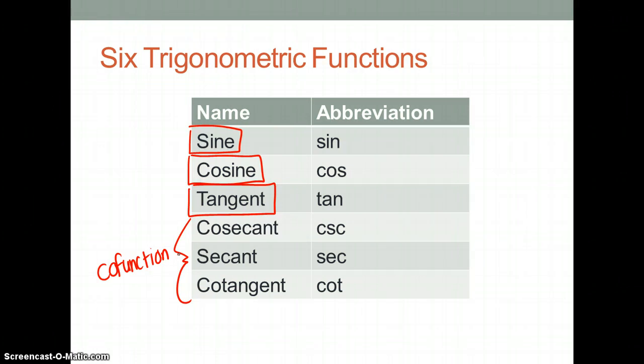Each of these co-functions, cosecant, secant, and cotangent, gets paired up with or is related to one of your other basic trigonometric functions. So we have these abbreviations, so that we don't have to write out these words fully. So when we talk about 6 trigonometric functions, these are the other 3.